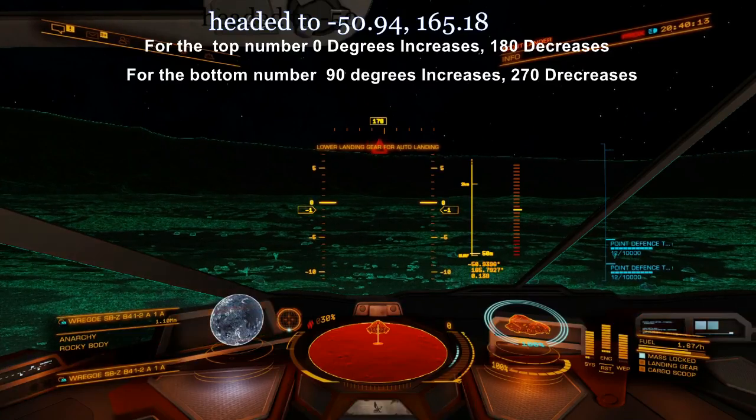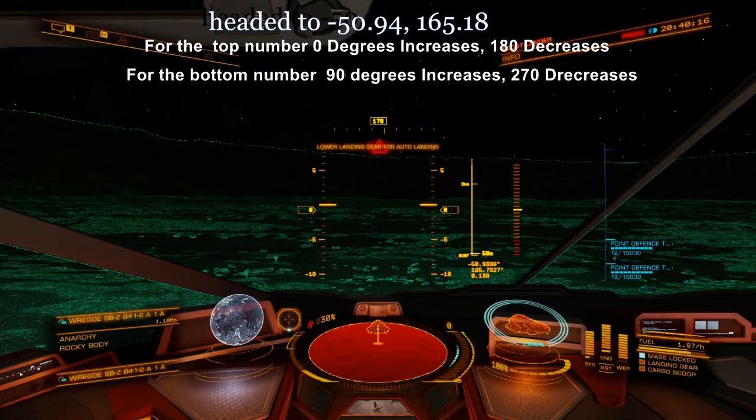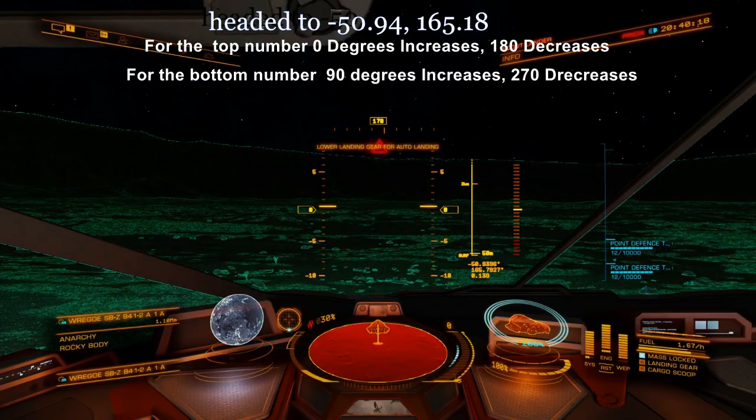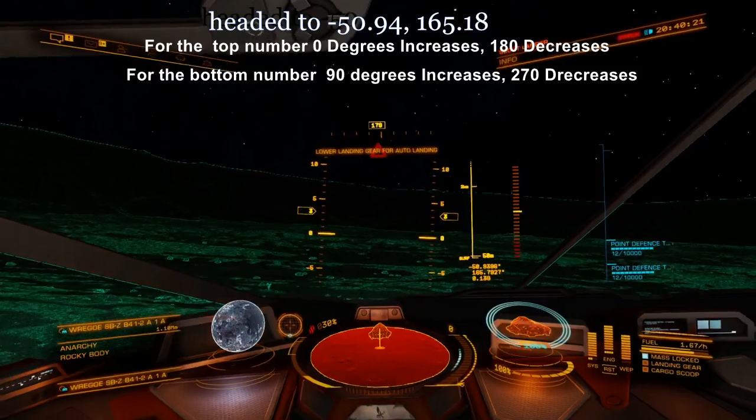So we're at 165, 792, and we need to go down. To go down on the bottom number, we need to be at 270.